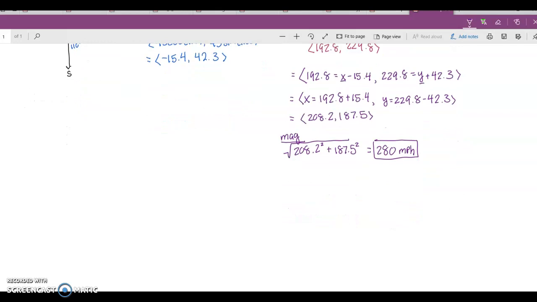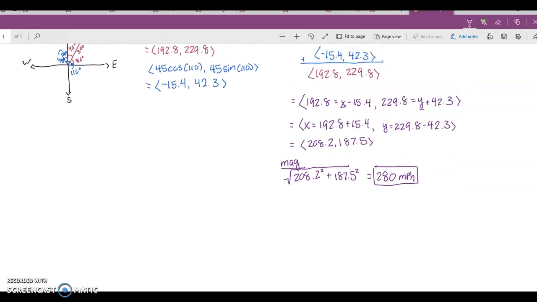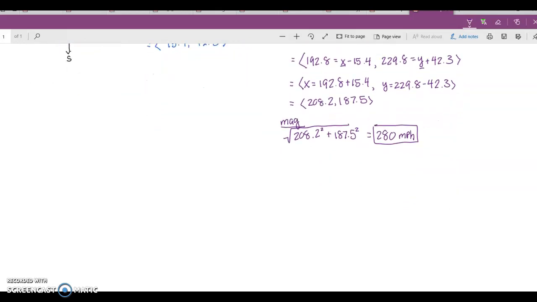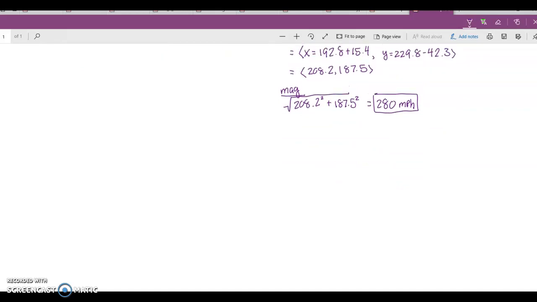Now we have to find his bearing. So to find his bearing, we have to find our direction first. All right, so direction. To find the direction, we take the inverse tangent of our y component divided by our x component.